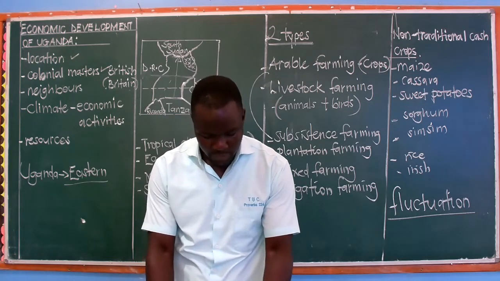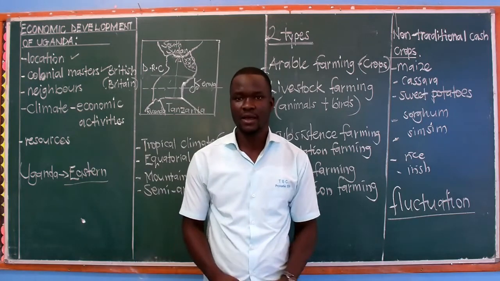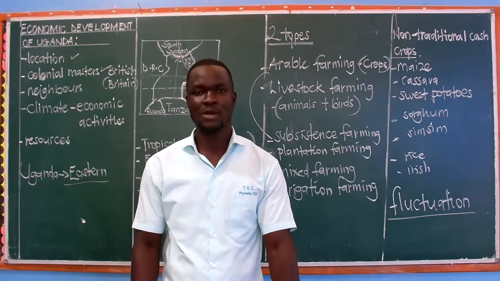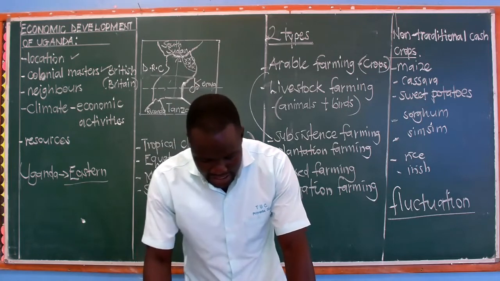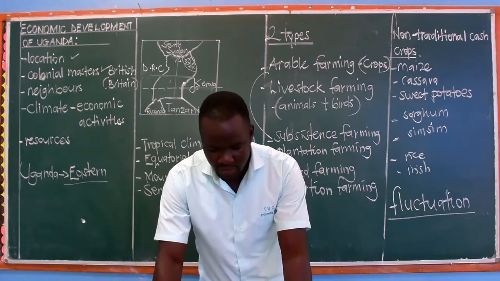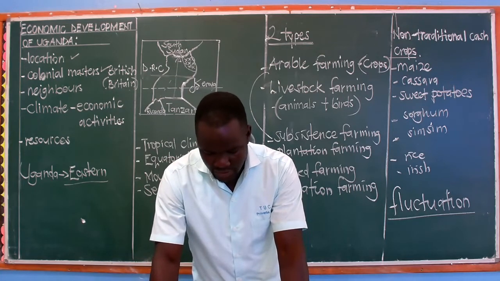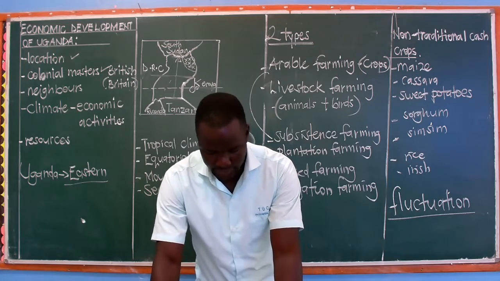We have a table on page 52 which gives us examples of the irrigation schemes we have in Africa. Remember, we talked about the Gezira irrigation scheme when we were looking at economic development in Sudan. So we have Gezira in Sudan, whose water is got from the Blue Nile, and the crop grown is cotton. I want you to get that; it's supposed to be cotton, not rice.